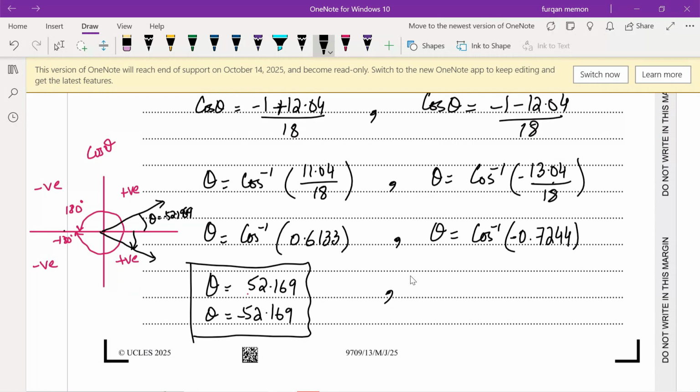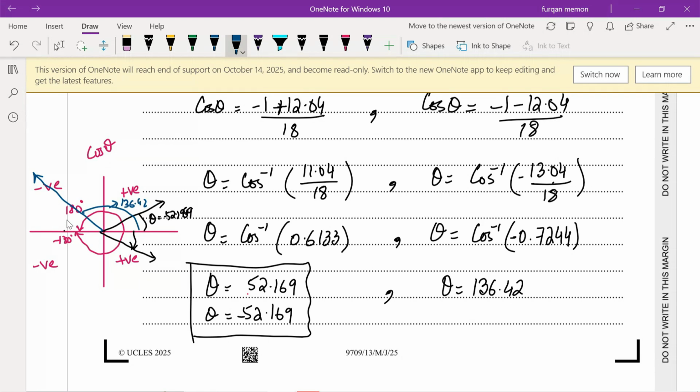Similarly, when we find the cos inverse of negative 0.7244, we get theta equals 136.42, and this angle will lie there.